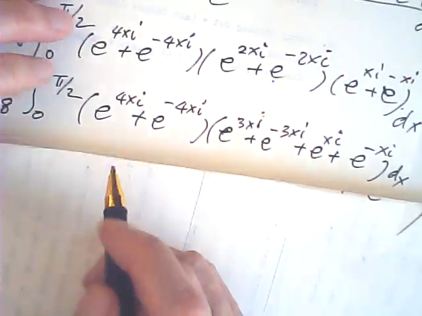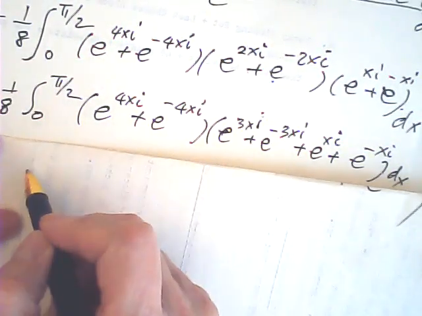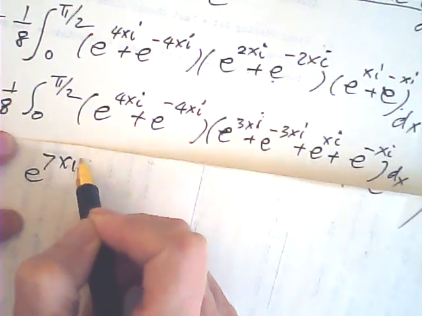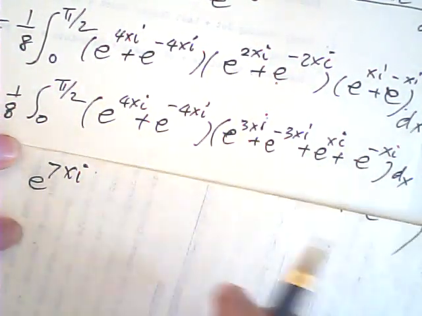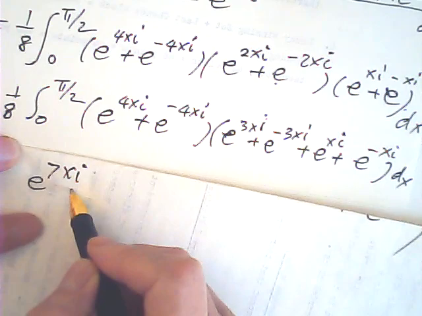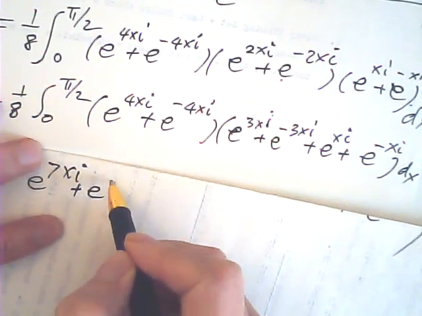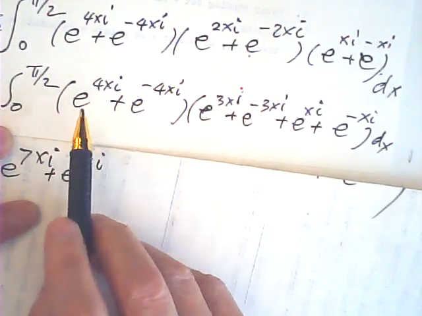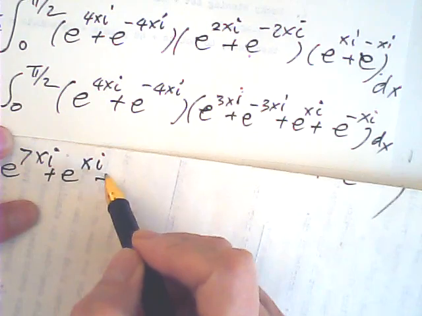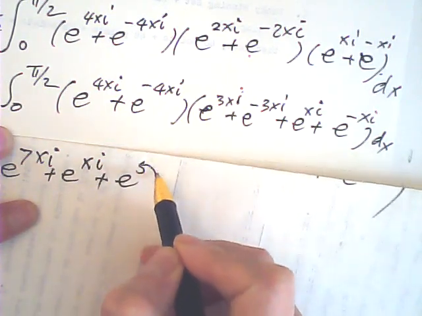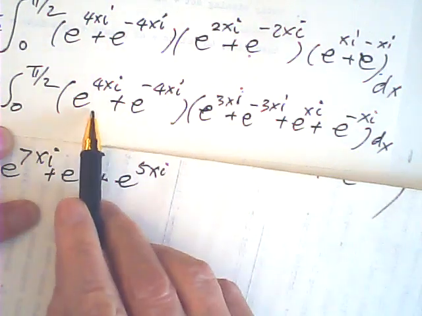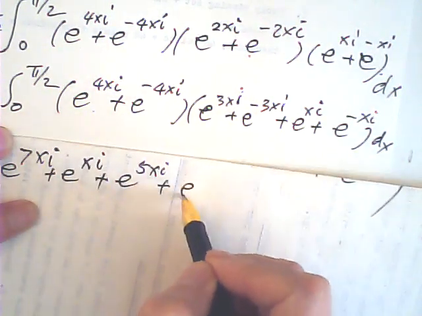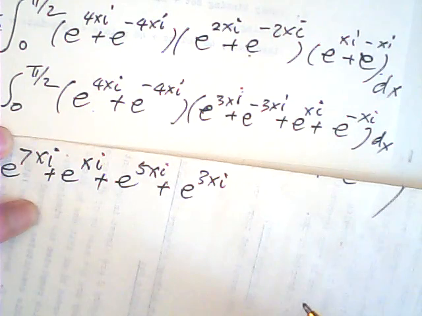Okay, this one times this one is e to the 7xi, right? This one times this one plus e to the xi. This one times that one plus e to the 5xi. This one times that one plus e to the 3xi.